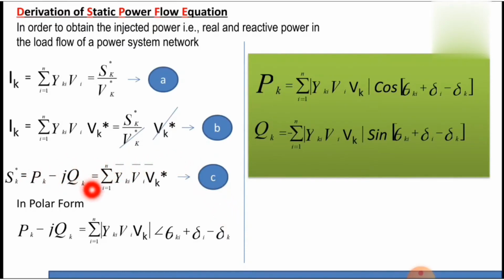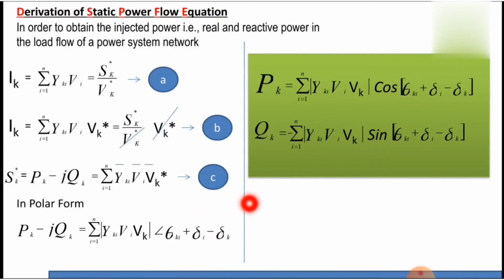That means I am representing this expression in terms of a polar form, that is Pk minus jQk is equal to sigma i is equal to 1 to n, the magnitude of these quantities, that is mod of Yki Vi Vk at an angle of theta ki plus delta i minus delta k.